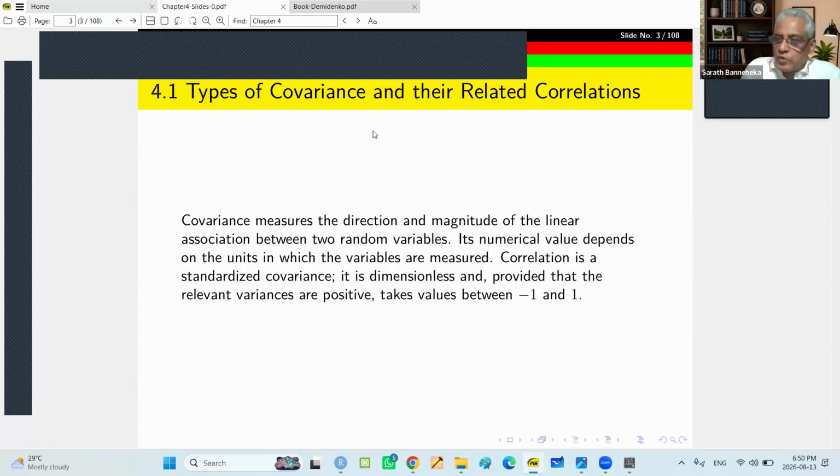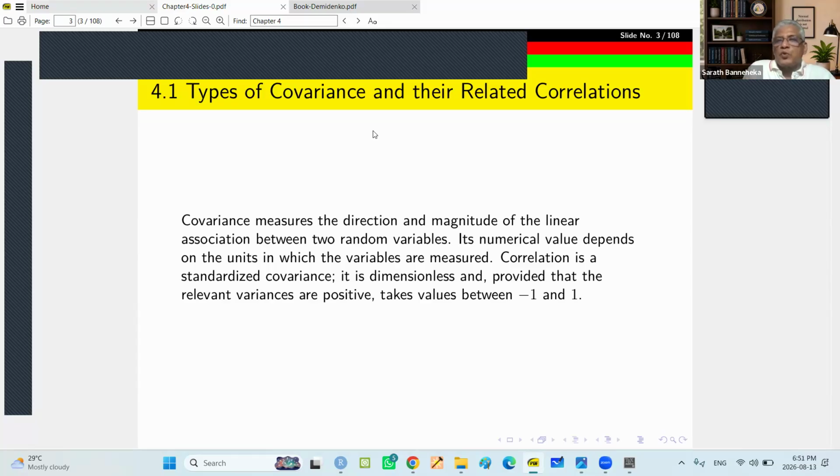As I have already explained in the previous video on the marginal covariance and correlation, we already know that covariance measures the direction and magnitude of the linear association between two random variables. One weakness of the covariance is that its numerical value depends on the units in which the variables are measured.